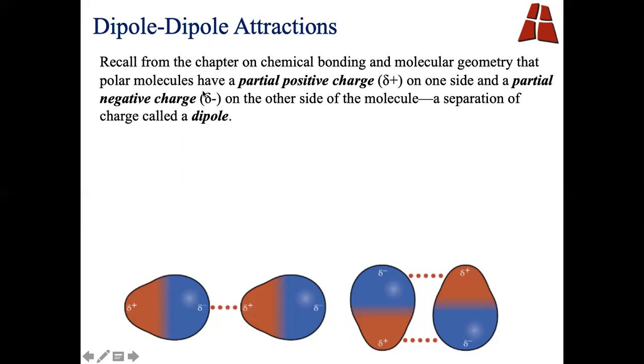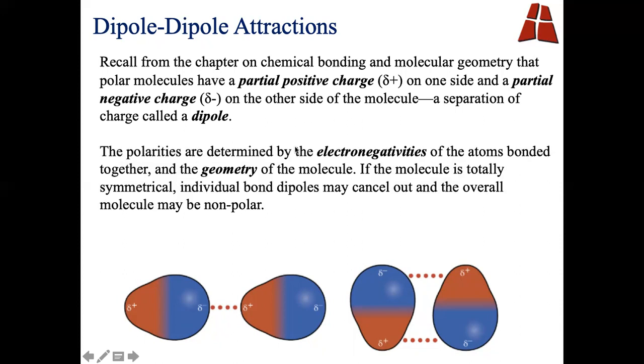We use the lowercase delta here. If you hear me say delta, with regards to intermolecular forces, it's usually with regards to the partial positive charge. So we have partial positives and partial negatives, and this creates what we would call a dipole. The polarities are determined by the electronegativities of the atoms bonded together, as well as the geometry.